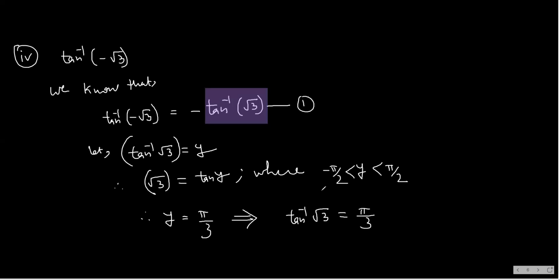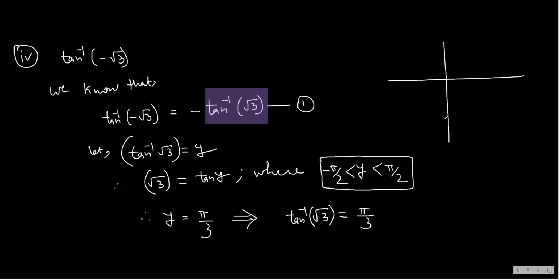The moment I get the answer for tan inverse of root 3, I check whether I am getting it in the given interval, minus pi by 2 to pi by 2. And I am getting pi by 3. It is the correct answer.